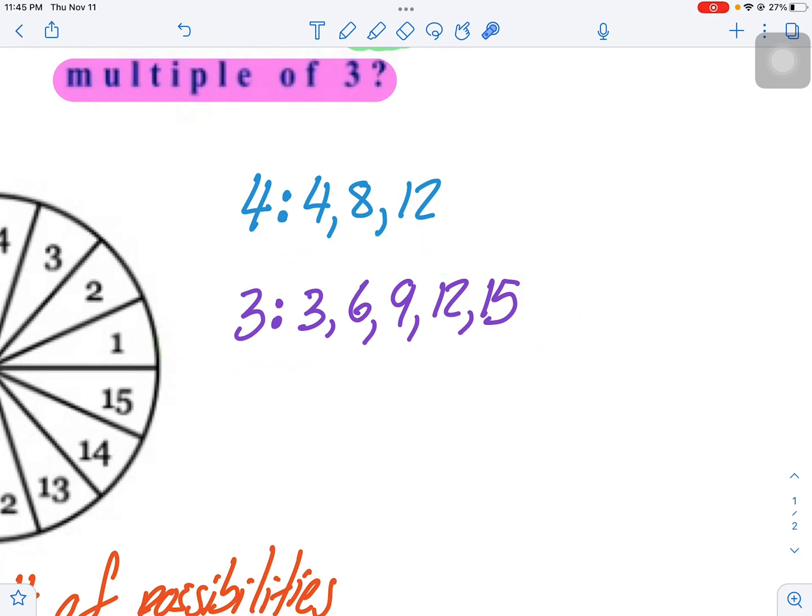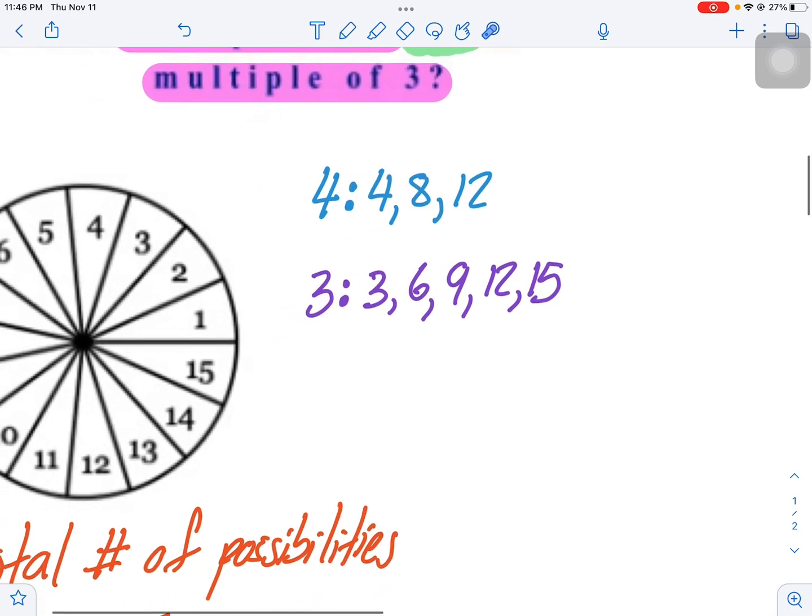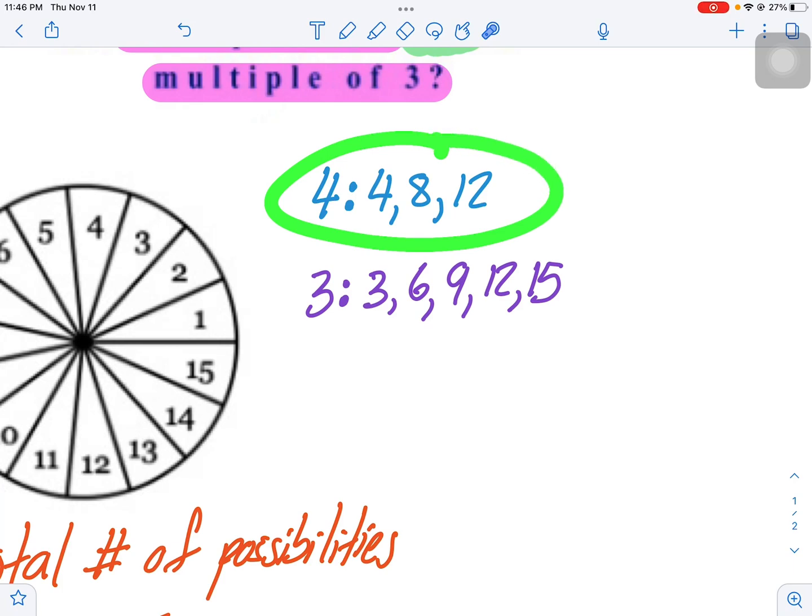So what number, kiddos, is on both lists? What number is a multiple of 4 and also a multiple of 3? So let's see, 4 is not on this list. 8 is not on this list. 12 is not on this list, but 12 is here. Look at that.